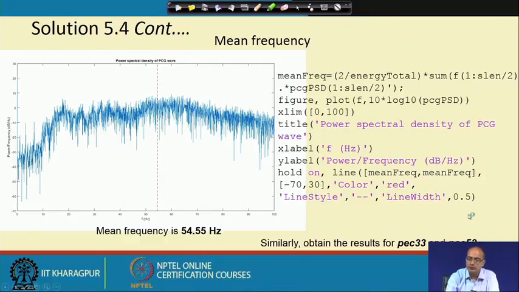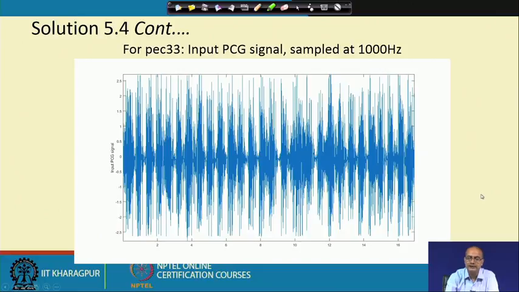So, we compute all these variables for PEC 33 and PEC 52. So, here is the PEC 33. It looks like it has more jagged or more random. However, such visual measurements could often be wrong. So, let us not comment about it anymore.